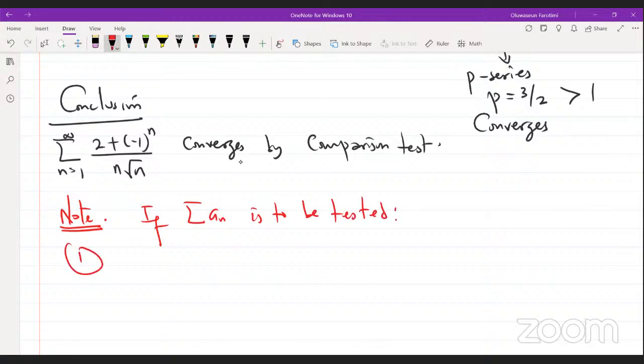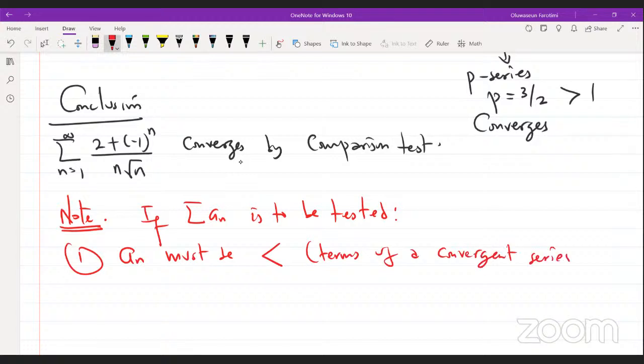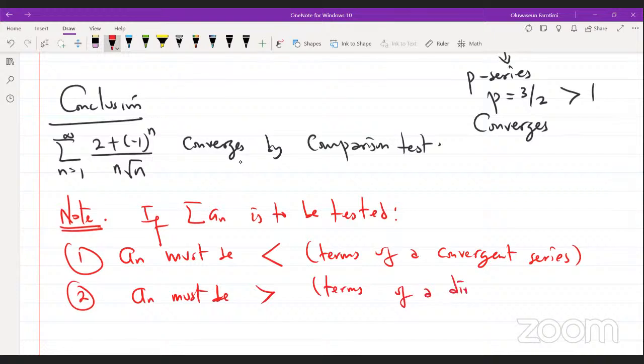Number 1, a_n must be less than the terms of a convergent series. And if you look at what we've done so far, that's exactly the case. And a_n must be bigger than what? The terms of a divergent series.